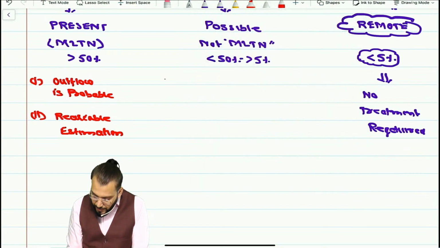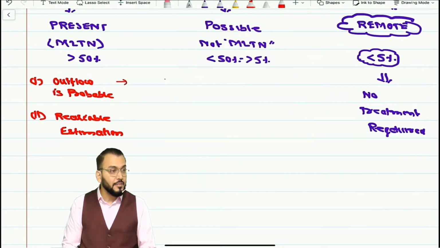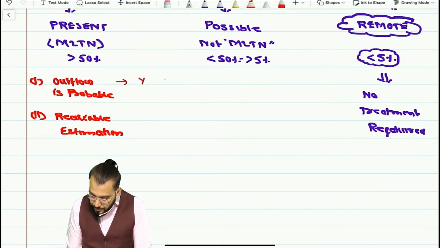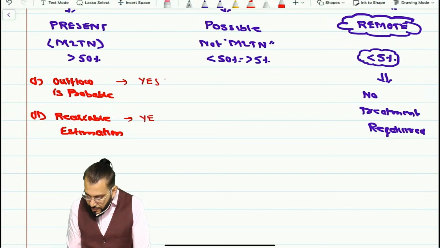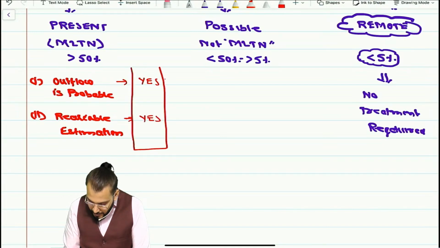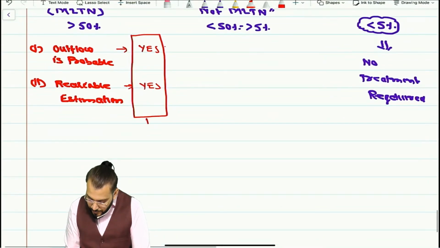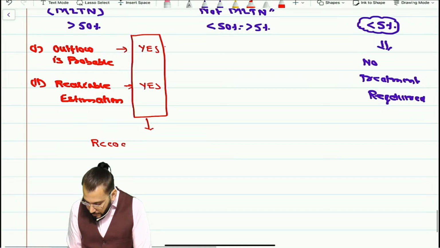Have you understood this point? Correct. If the answer is yes, condition satisfied, and yes, condition satisfied, then what? Then recognize a provision. Have you understood this point?